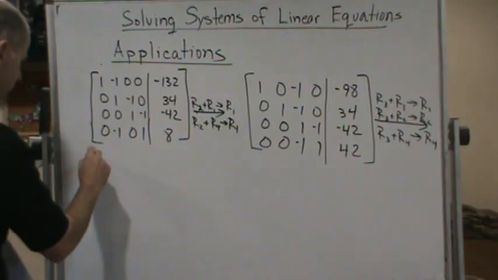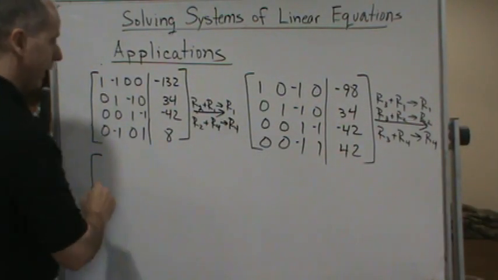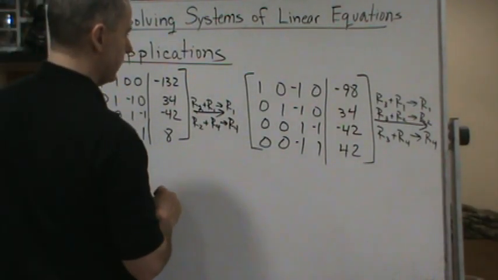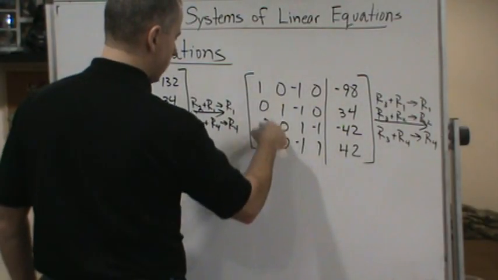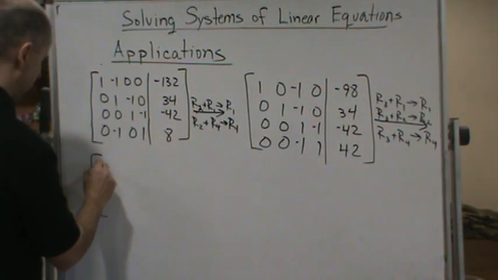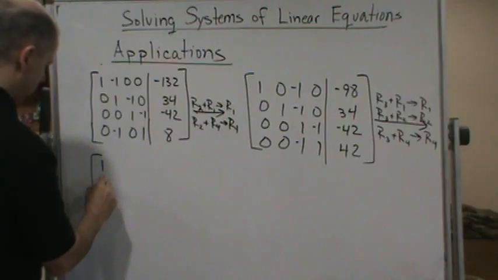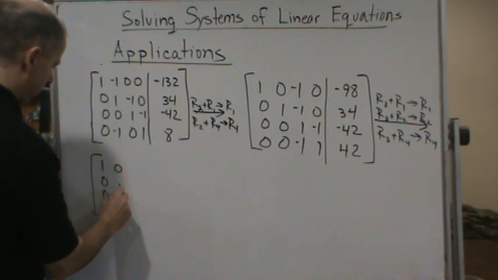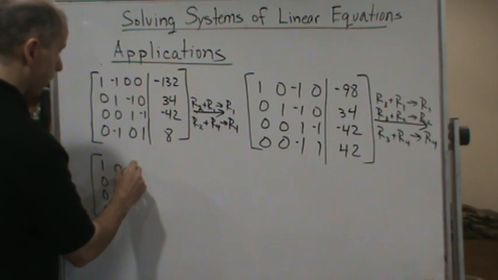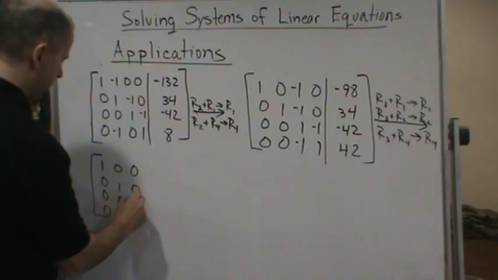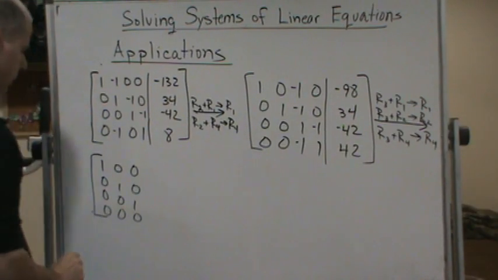And so now we're going to get, what do we get now? The first 2 columns are going to remain unchanged. So this is going to be 1, 0, 0, 0, 0, 1, 0, 0, and the third column is going to become 0, 0, 1, 0, right?